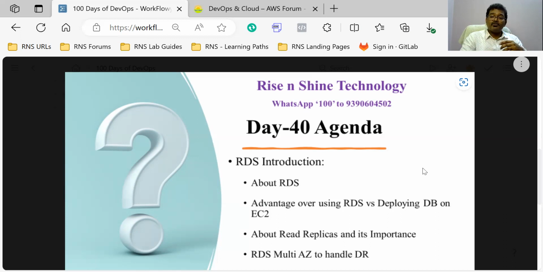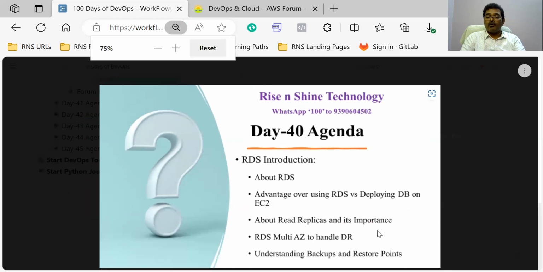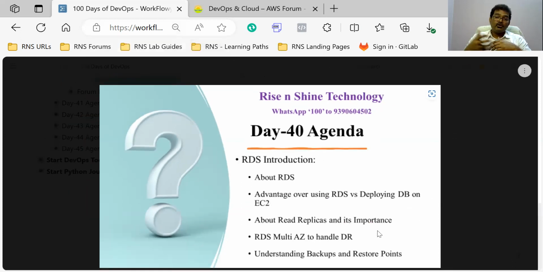Backup mechanisms, backups and restore are another important point from RDS. Understand the backups and restore points, and secure your data with security groups, as well as other storage and encryption options.